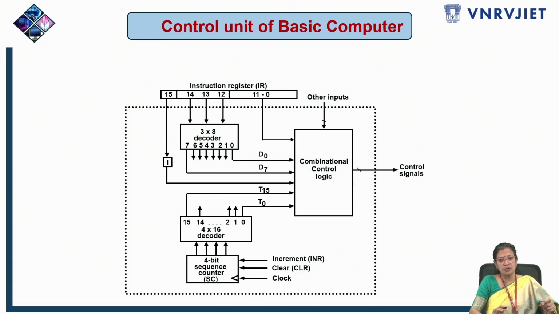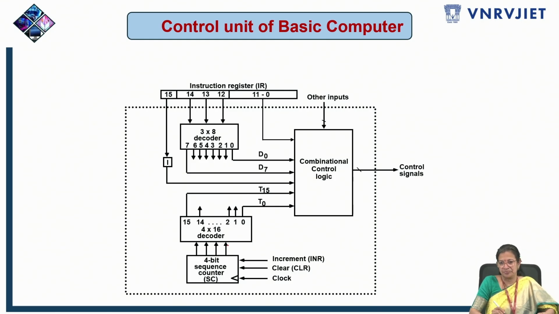In order to provide timing, a timing signal should be generated, which generates clock pulses. Usually a 4-bit sequence counter is used for the basic computer, which can generate 4-bit counts, so 2 to the power of 4 counts will come. It is given to a 4 to 16 decoder so that 16 timing signals can be generated.